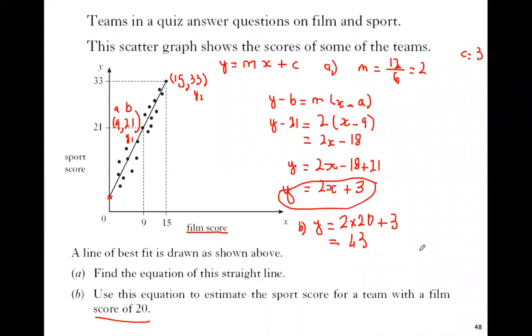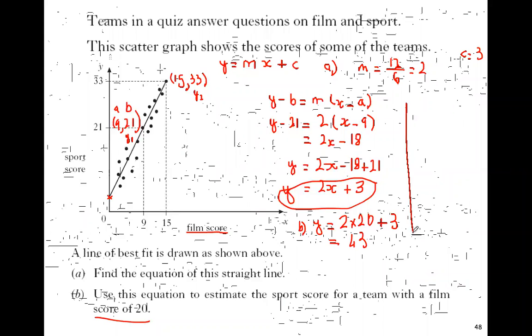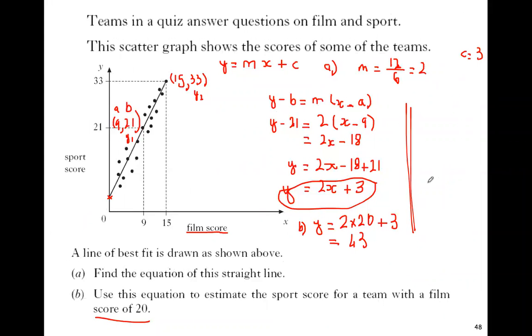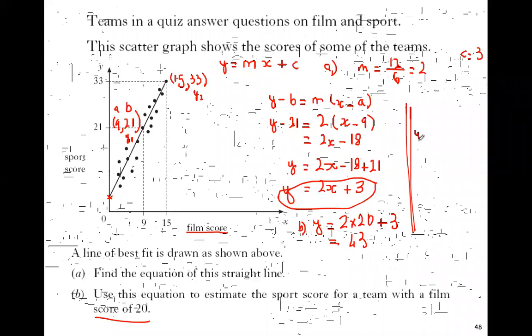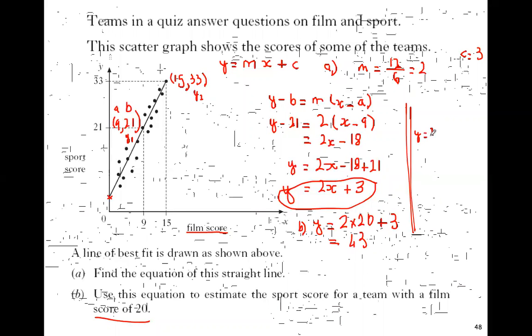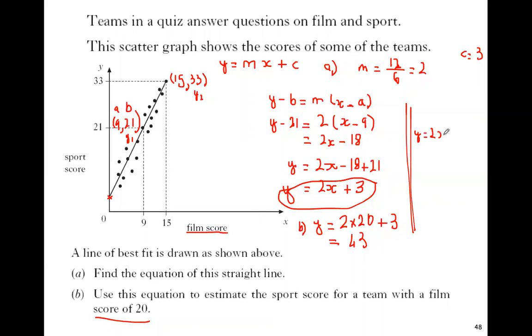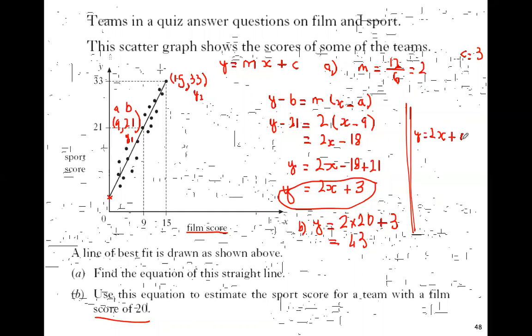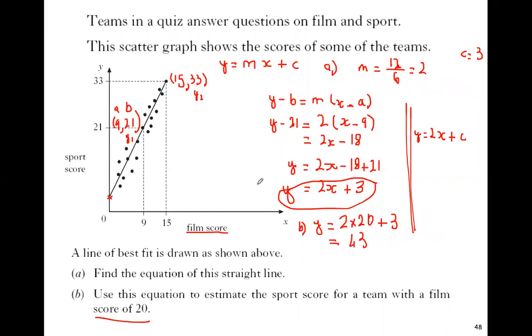Okay, so even if you couldn't remember y minus b equal m times x minus a, you can just use a point and say, I've got y equal 2x plus c. So let's say I always remember y equal mx plus c. I'm looking for c, and it should pass through 9 and 21.